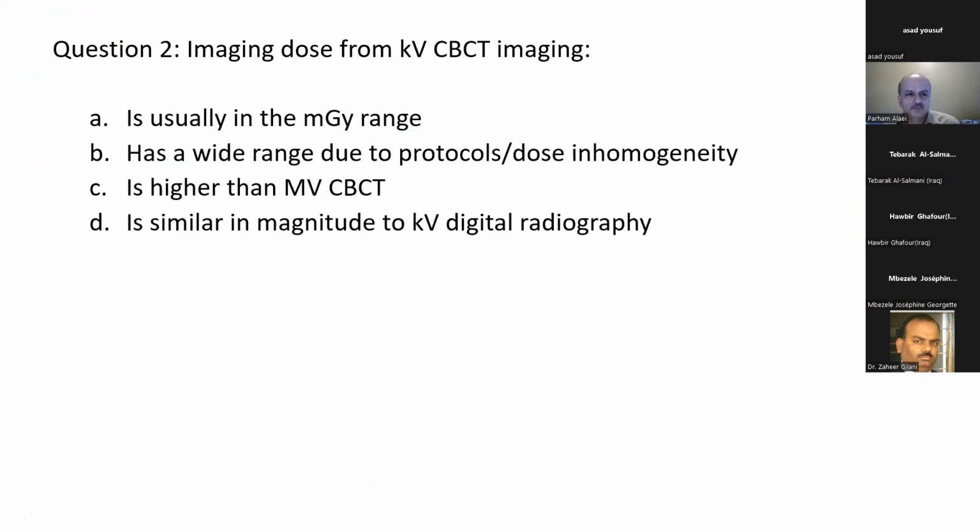So we get to question number 2. I'm going to wait for Assad to have his poll ready. So, imaging dose from kilovoltage cone-beam CT imaging. A, is usually in the milligray range. B, has a wide range due to protocols and dose inhomogeneity.